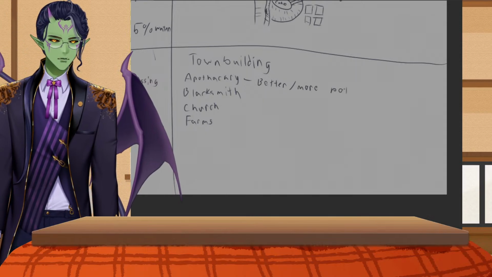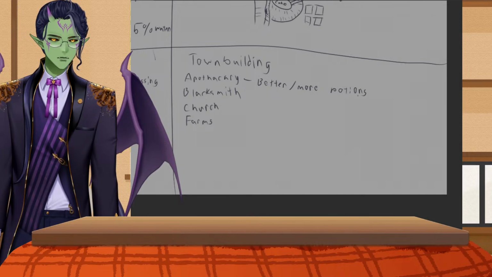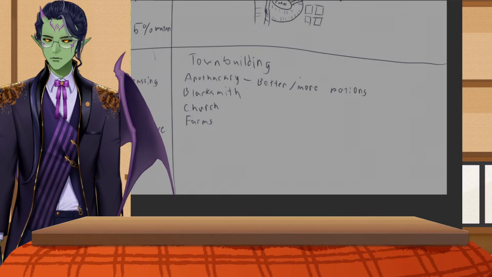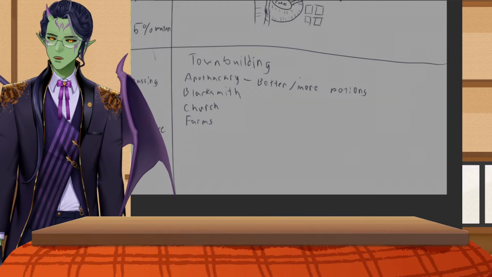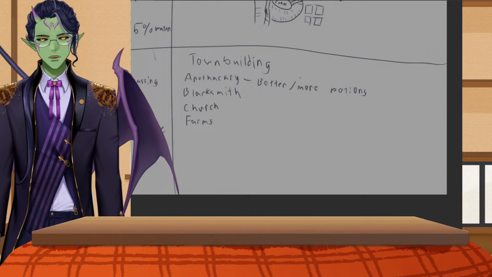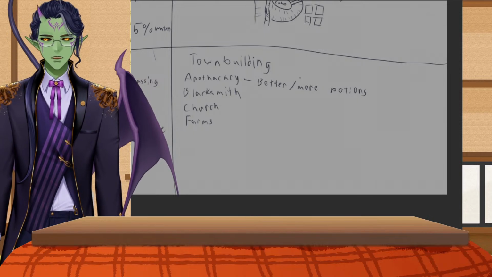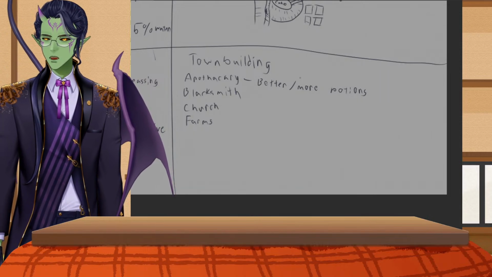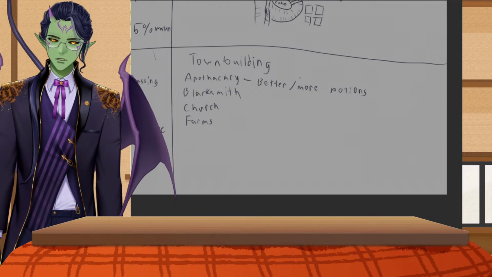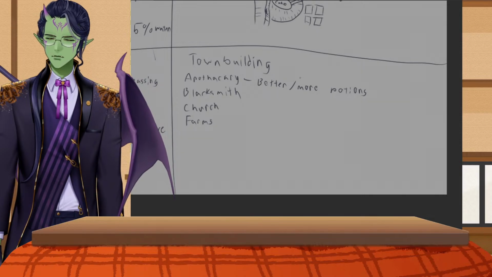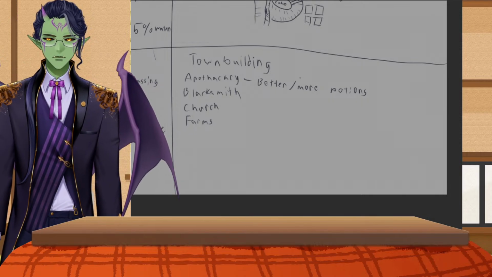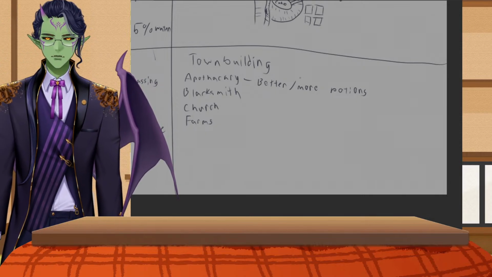It's a West Marches style campaign. I keep saying obviously. I need to stop. I need to cut that out. So if it's a West Marches style campaign, it's generally a series of connected one-shots. That's how those work. And they're centered around doing stuff. So with the Apothecary, you can have better and more potions.